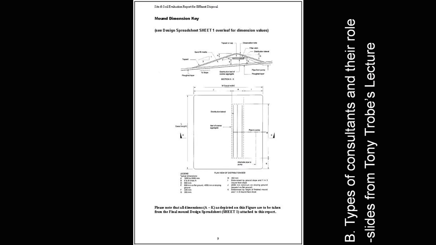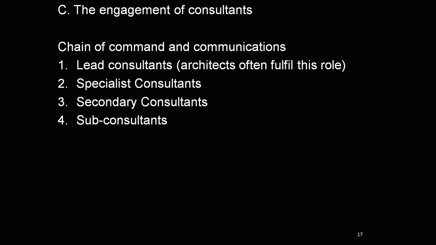Now, moving right along, let's move on to the third part of the lecture, which is the engagement of consultants. In the context of last week's lecture, this would be asking how consultants are procured. So what we have is 4 different kinds of consultants.